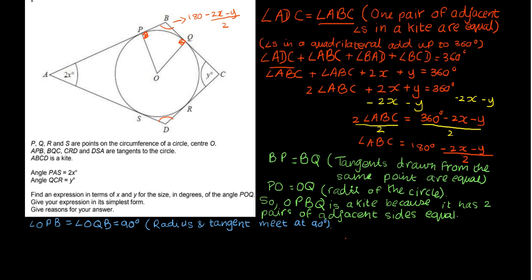All I need to do is find the size of this one, so I can say angle POQ is equal to 360 degrees minus, and in a pair of brackets I'm going to have 90, and that 90 degrees is from here, plus another 90, and that is going to be from here, plus 180 minus 2x minus y over 2.